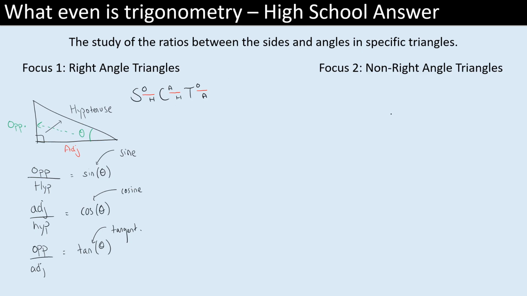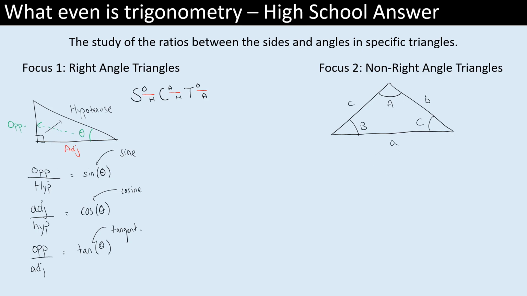With non-right angle triangle trigonometry, again, let's say we have our non-right angle triangle. We labeled sides and angles, so angles were capitals, sides were lowercase letters like this.